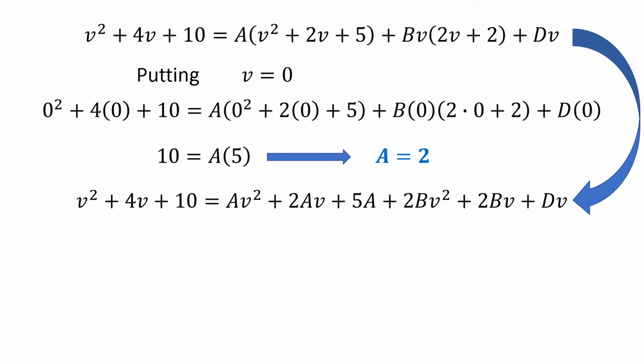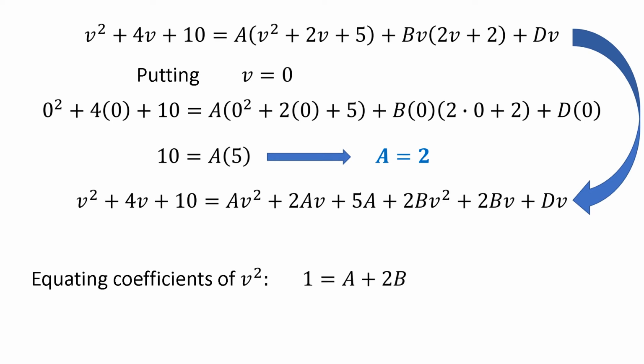To solve for the other constants, particularly B and D, we can equate the coefficients of like powers from the identity equation. Let us say we will equate the coefficients of v squared. Equating the coefficients of v squared means the coefficients of v squared on the left side of the equation must be equal to the coefficients of v squared on the right side. From here, we get 1 is equal to A plus 2B. We took 1 as the coefficient of v squared, which is the first term on the left side.